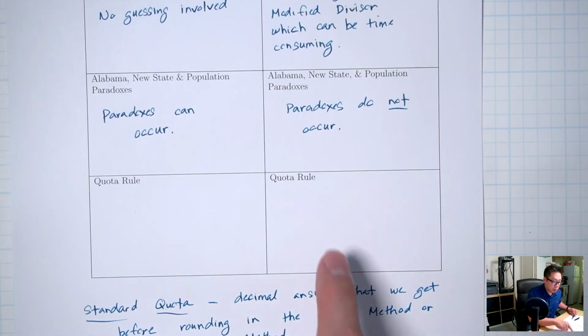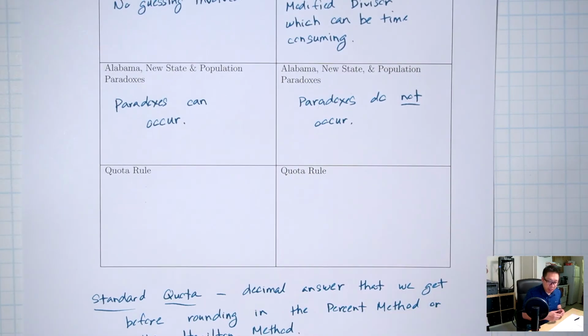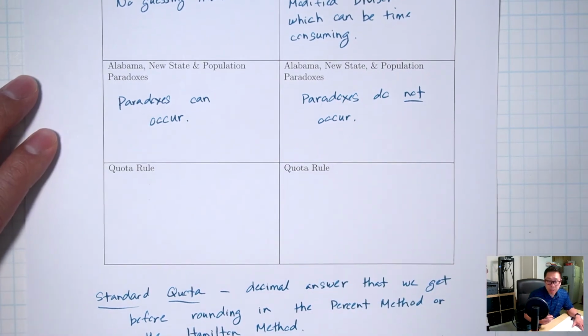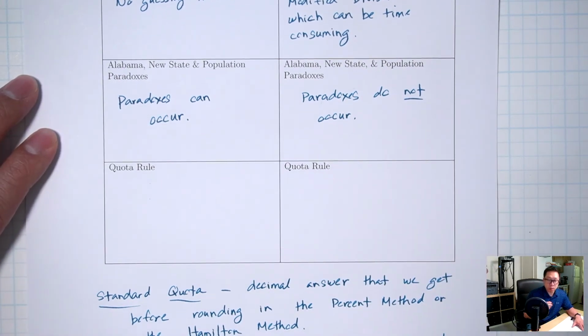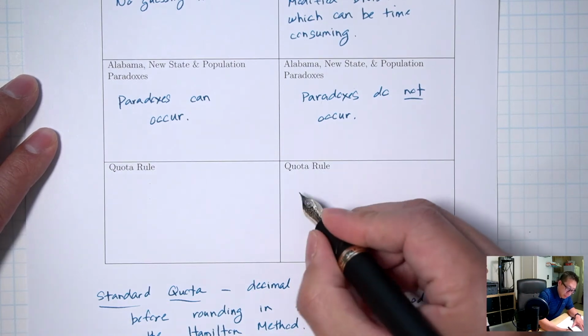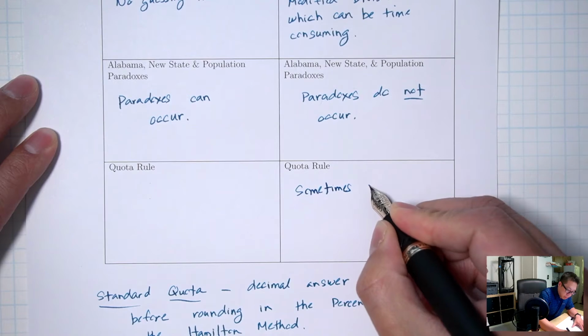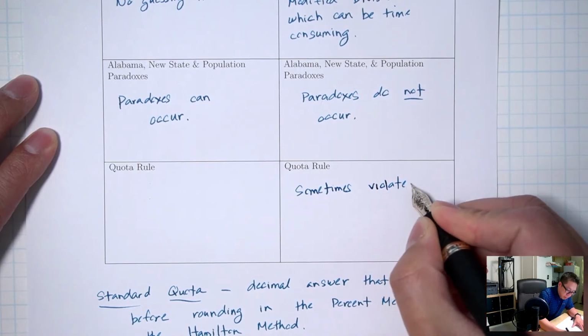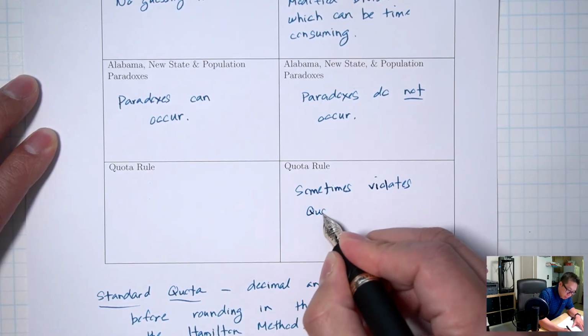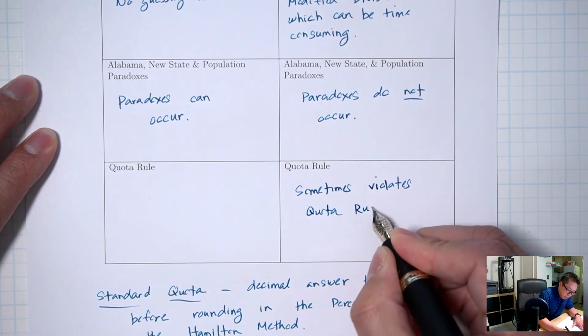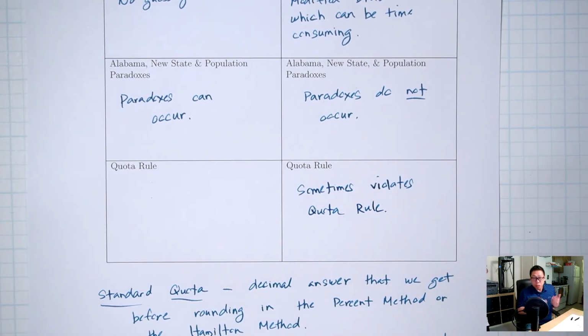And the issue with the Jefferson method is that it sometimes violates the quota rule. It doesn't happen all the time, but sometimes the quota rule is violated, which could be thought of as a flaw of the Jefferson method.